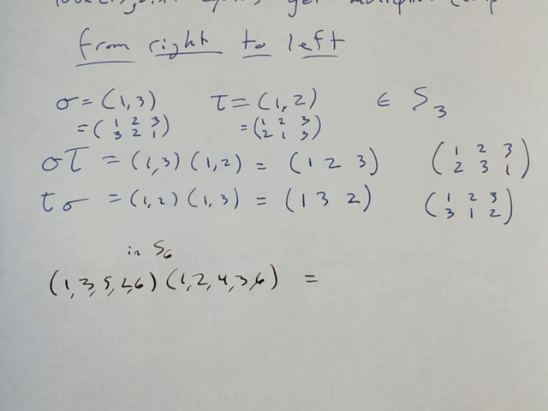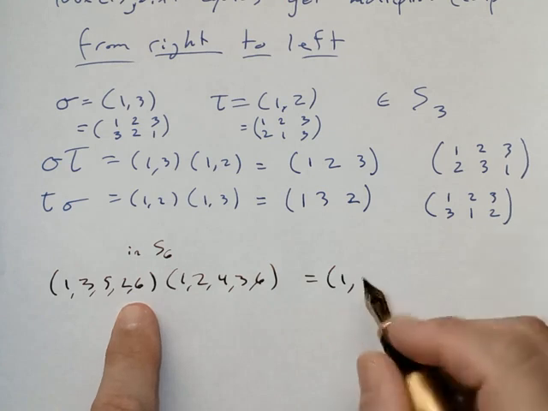So, right to left, what happens to 1? Would be 1 going to 2? No. 1 goes to 2 here. Yeah. And 2 goes to 2. Oh, 2 goes where here? Oh, I didn't see that. 2 goes to 6 here.